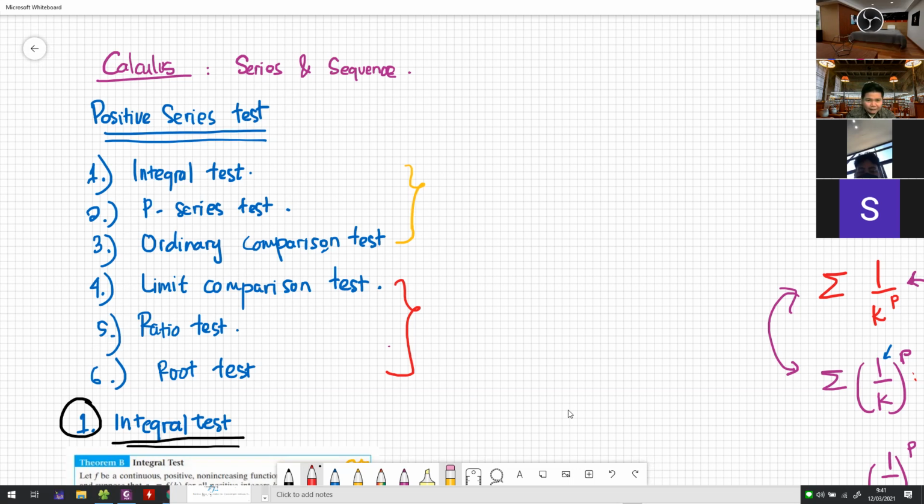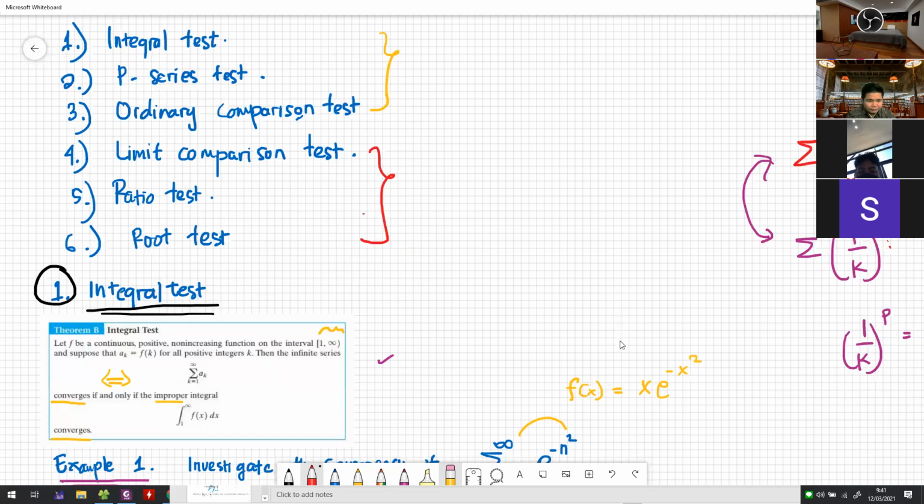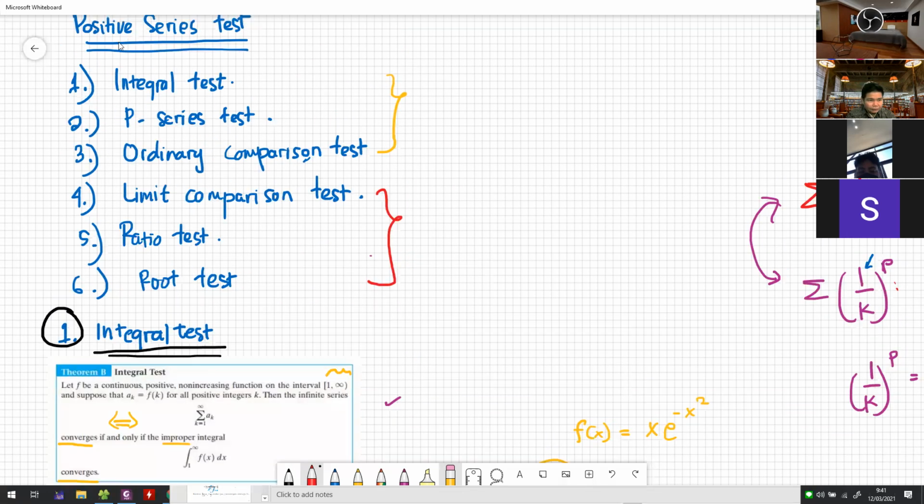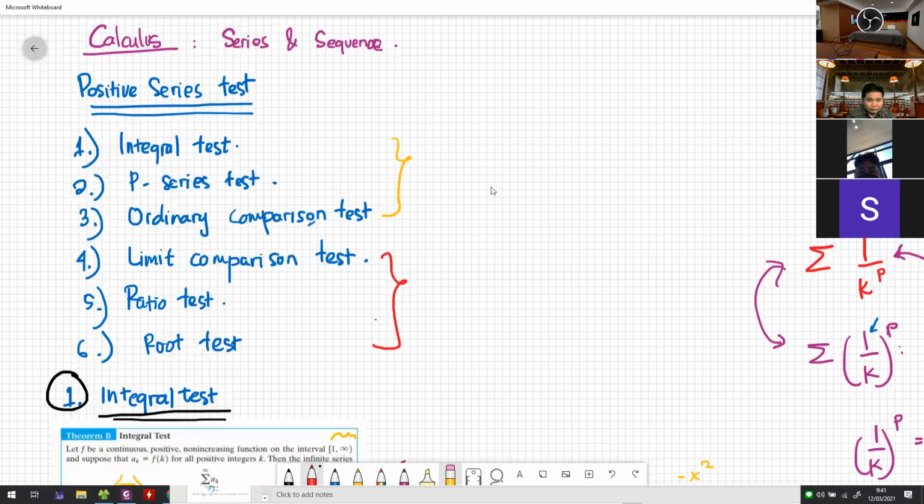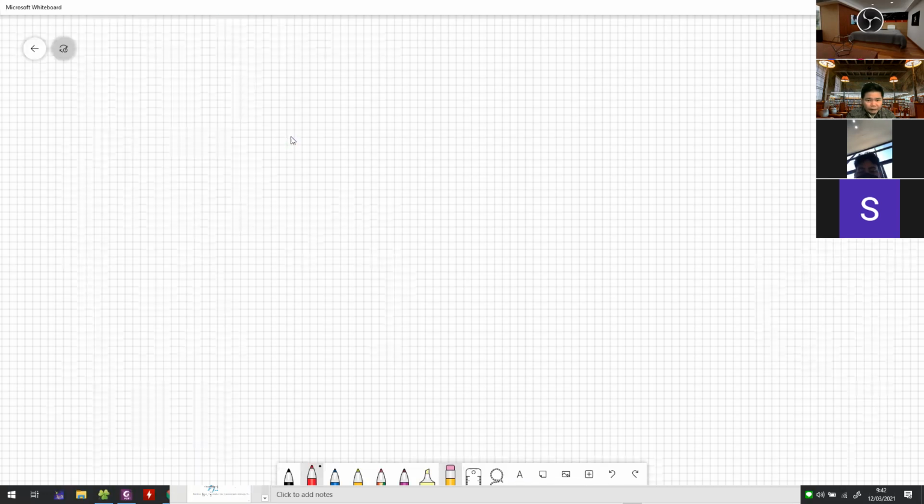To make this easier, I will put it into a new page. So we proceed to the third one, no, the fourth one: the limit comparison test.